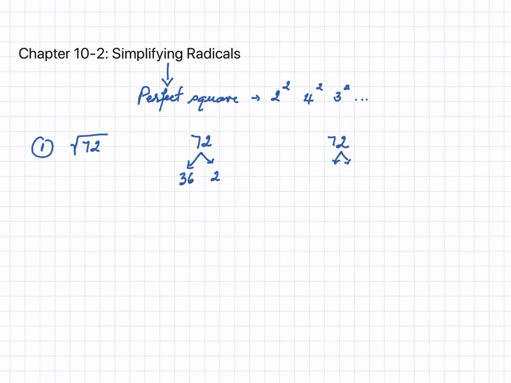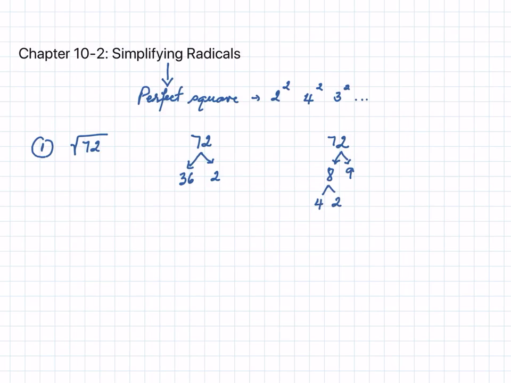Or you can look at 8 and 9. It's still okay. Since 9 is a perfect square, I just leave it there. 8 is not a perfect square, so I can look at 4 and 2. Remember, I'm not looking for a prime. I'm looking for a number that multiplies itself.